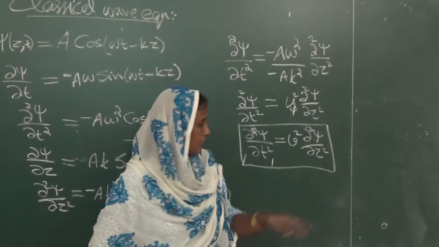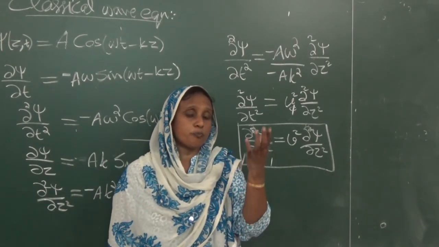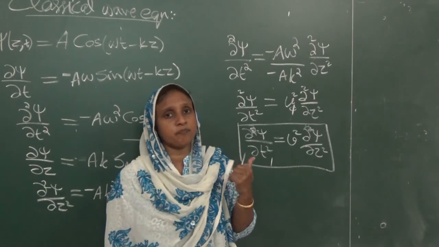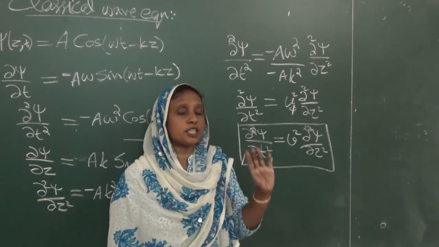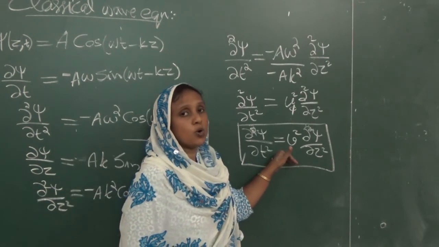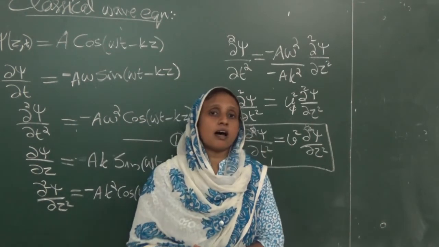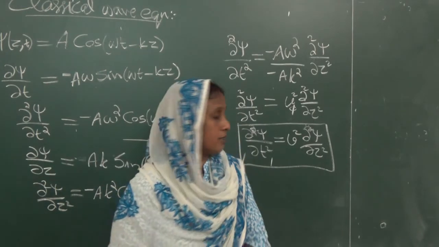This equation is called the classical wave equation. In the case of a non-dispersive medium, all frequency components move with the same velocity, so this equation is obeyed by the wave. This equation is called the classical wave equation.